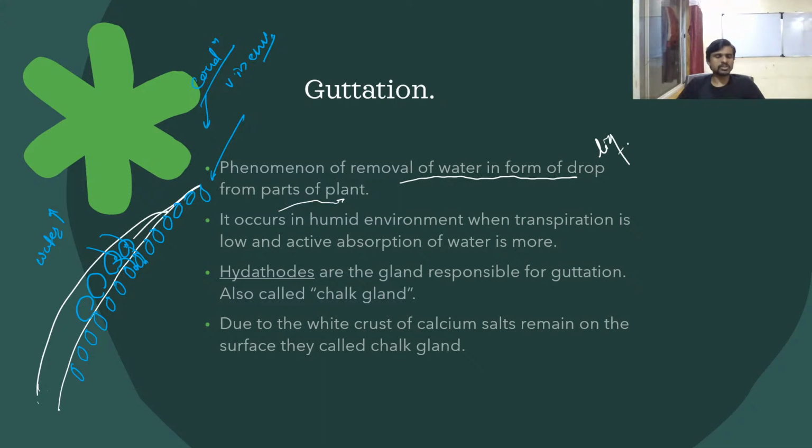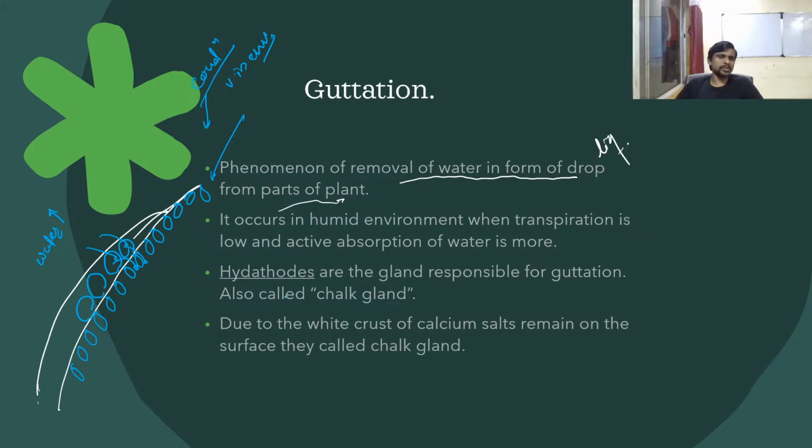Yes, most of the time dew drops are the result of guttation. It is the result of both. One is a condensation of vapor in the air, and the second one is guttation.